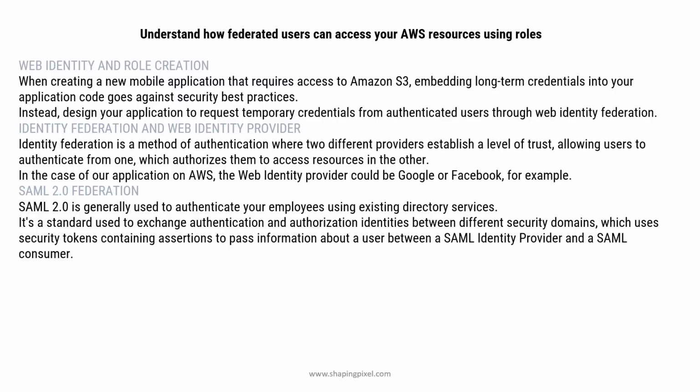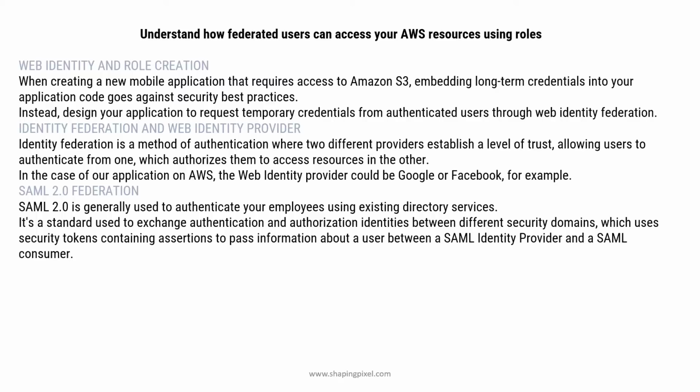SAML 2.0 is generally used to authenticate your employees using existing directory services. It's a standard used to exchange authentication and authorization identifiers between different security domains, which uses security tokens containing assertions to pass information about a user between a SAML identity provider and a SAML consumer.